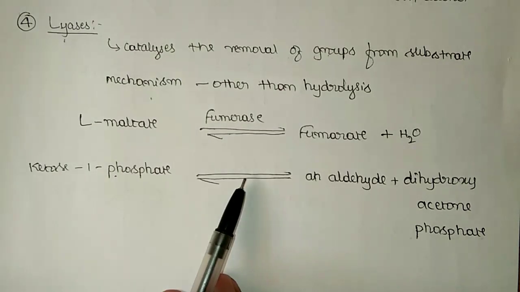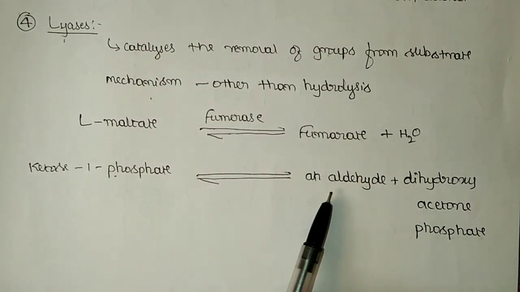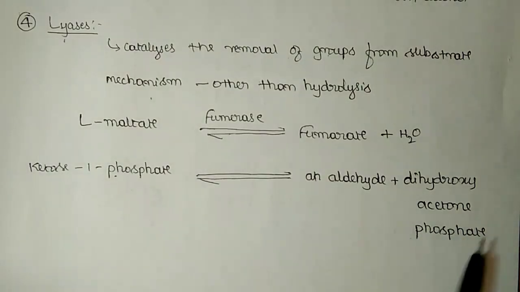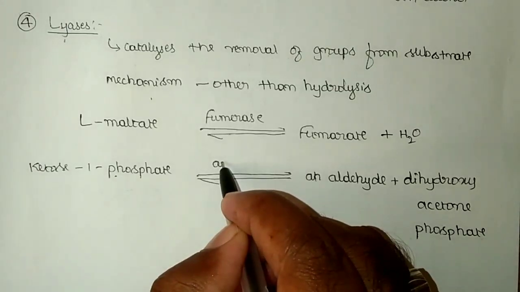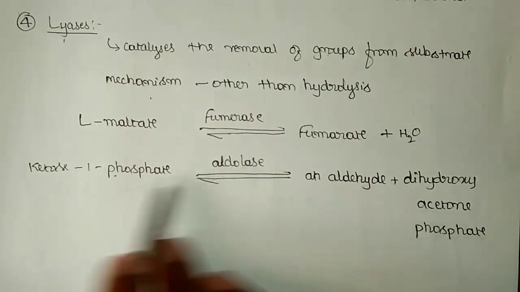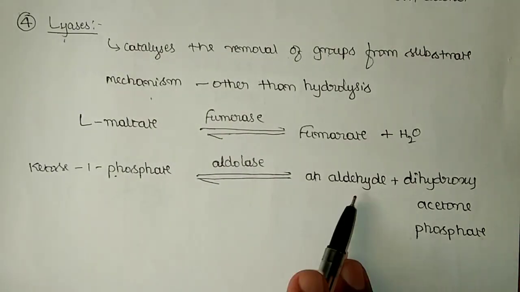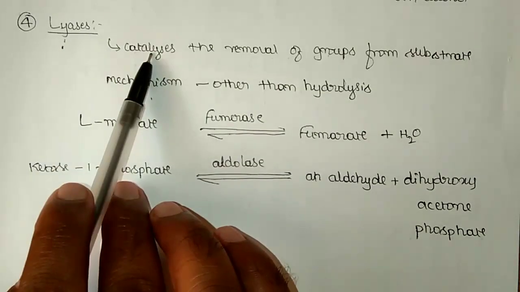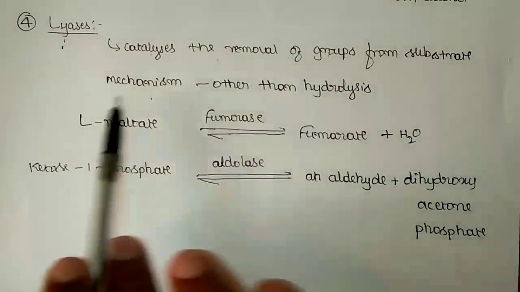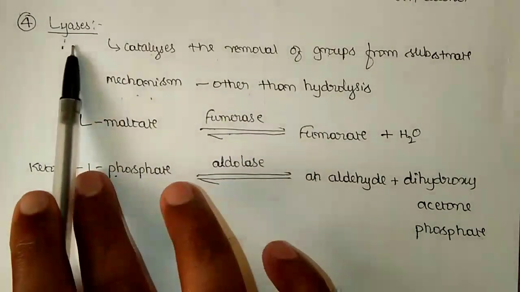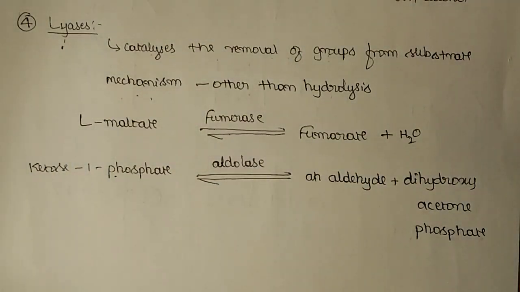So ketose 1-phosphate can reversibly change into an aldehyde by removing dihydroxyacetone phosphate. And for this purpose, the enzyme used will be aldolase. That means we can say lyases are the enzymes that catalyze the removal of groups from the substrate through a mechanism other than hydrolysis. And that's about the enzyme type lyases.